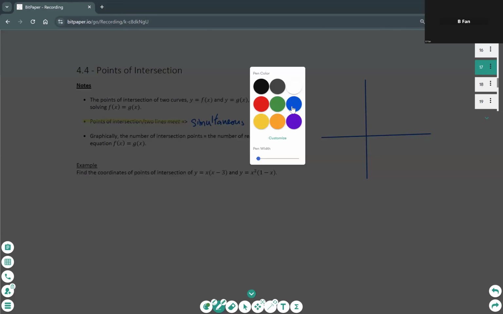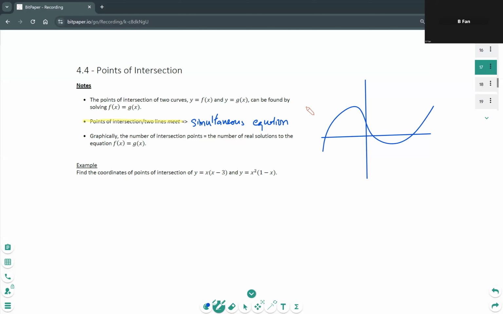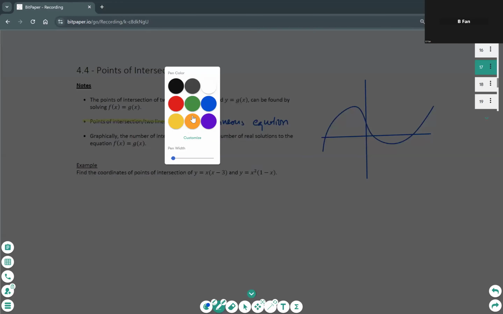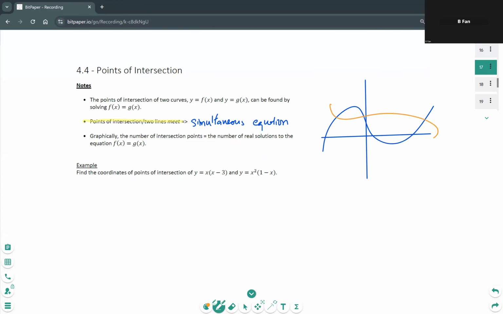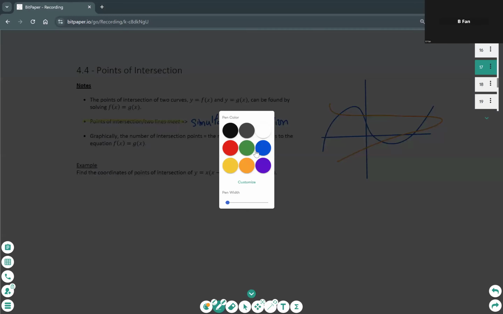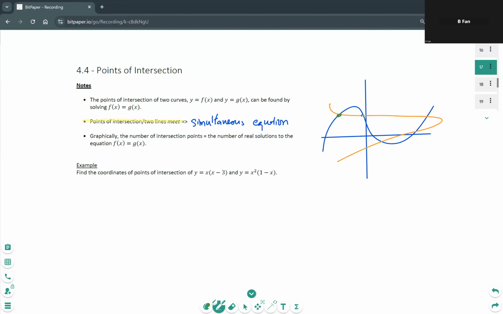But if we have a wiggly graph like this and another graph like this, how many solutions are there when these two lines meet? Well, there are 1, 2, 3, 4, 5. Now, this is a bit extreme, but I just want to show you that any points you see graphically intersecting tell you how many real solutions there are.